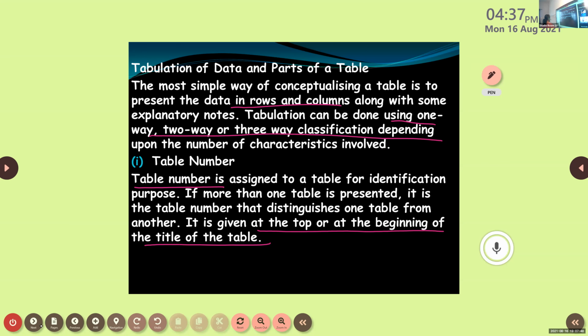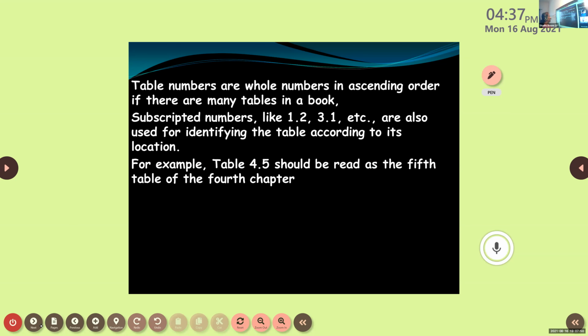Next one, what I told you as an example: these will be whole numbers, in ascending order. For example, in your textbook, if there are many tables, we will write 1.2, 3.1 like that. Now, what does 1.2 mean? First chapter, second table. 3.1 means third chapter, first table. Like that, for identifying the tables, we give these numbers.